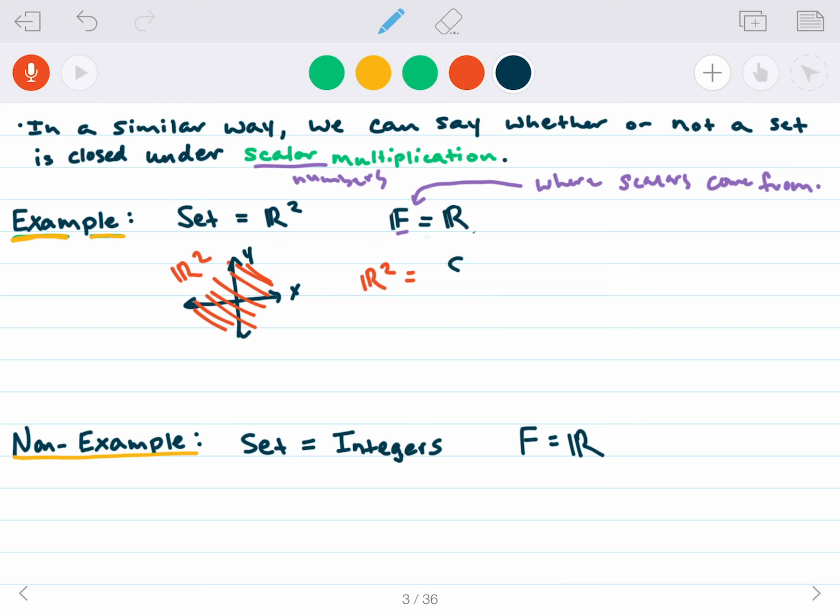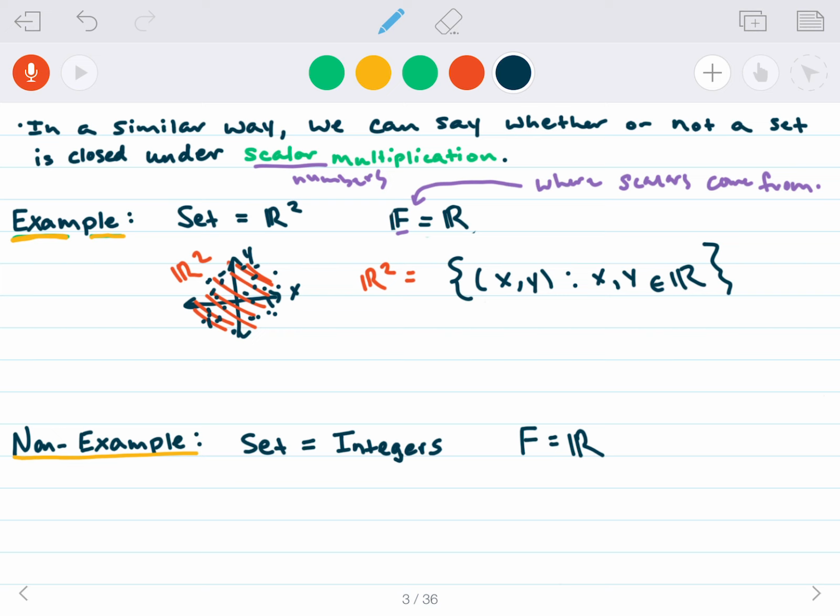We can say R2 is just the set of ordered pairs where both components are real numbers. So any point that you can think of on the plane, any x comma y, where x and y are real numbers, is going to be in the set R2.